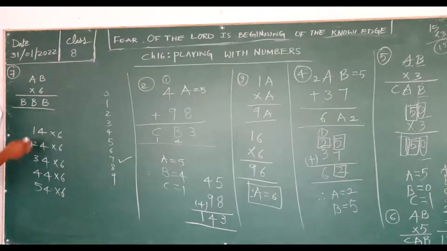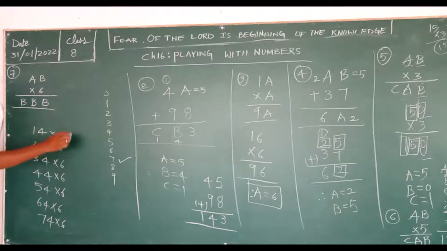You need to try all these: 14 into 6, 24 into 6, 34 into 6, 44 into 6, 54 into 6, 64 into 6, then 74 into 6 you can check.